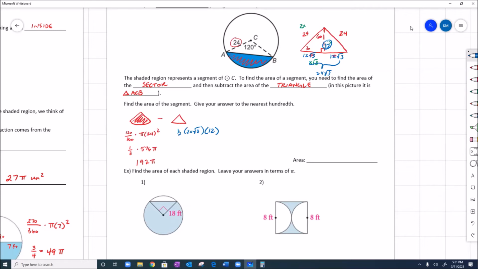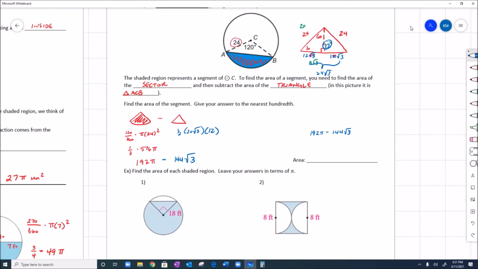So multiplying that gives us 144 radical 3. 1/2 times 24 is 12, 12 times 12 is 144. So if we're giving an exact answer, we'd say 192 pi minus 144 radical 3.